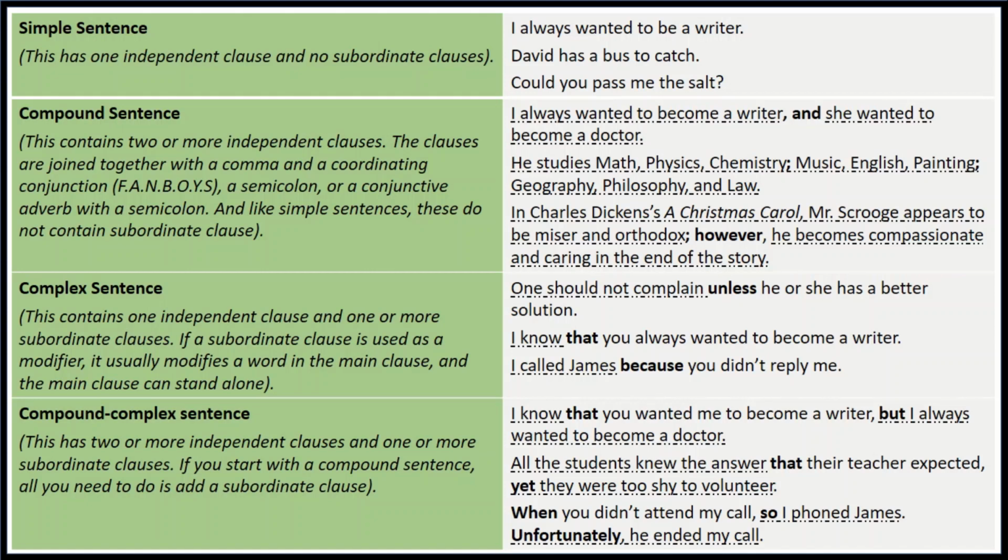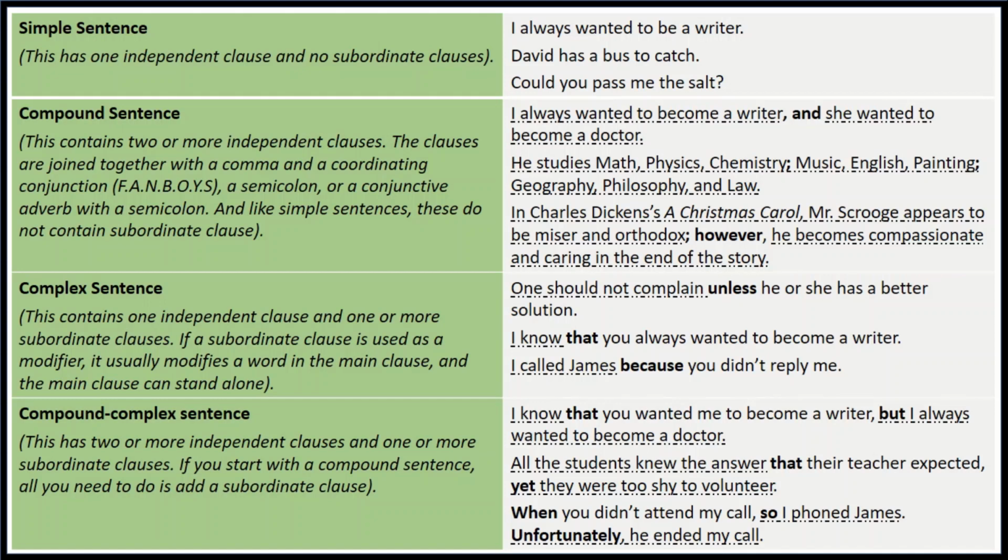So that's what a subordinate clause does: it modifies, explains, describes or identifies one word in the main or independent clause. For example, once again, the underlined are independent clauses. One should not complain. If I stop here, it makes sense as one complete idea. Unless he or she has a better solution.